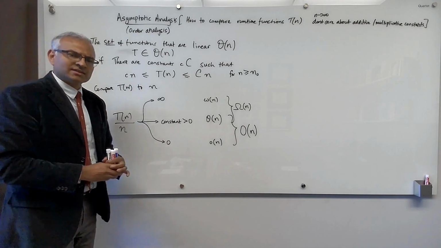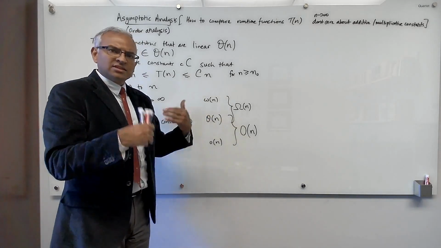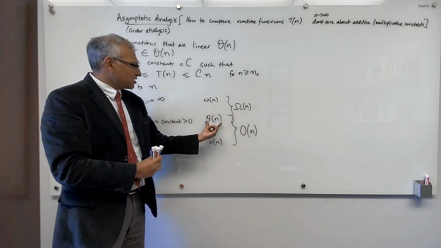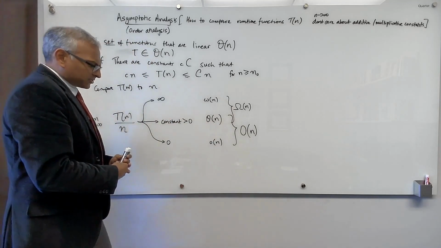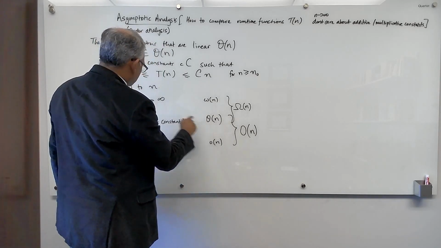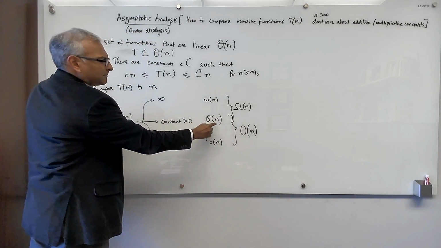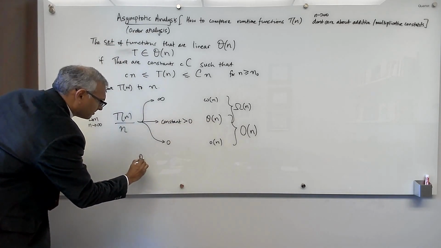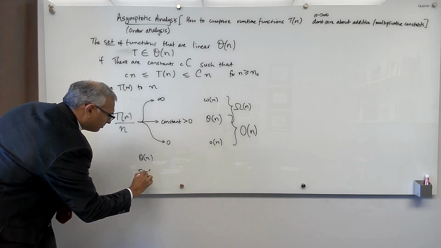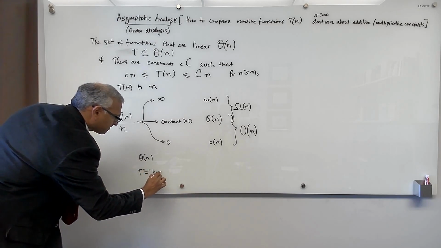So now I want to emphasize that these are just notations that define different kinds of sets. The most important is the theta of n, which is the set of functions which are linear. So think of this as the functions which equal, in quotes, "linear."